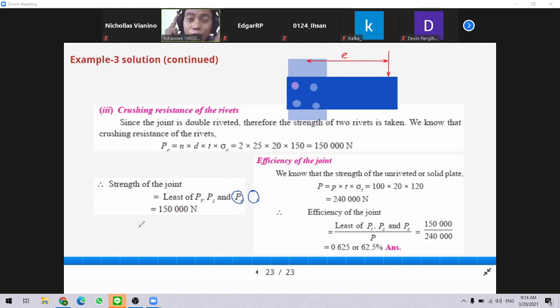It will become a very big problem if the joint becomes loosened because of bolt and nut. It's not very rigid. So there is no difference in efficiency, but there is a difference between rivet and bolt and nut in terms of rigidity. That's how we see the difference between bolt and rivet.